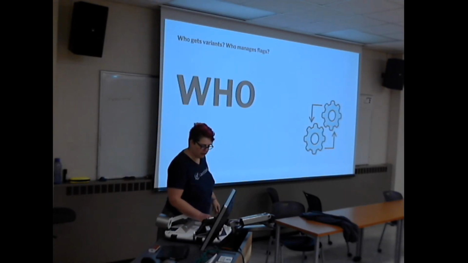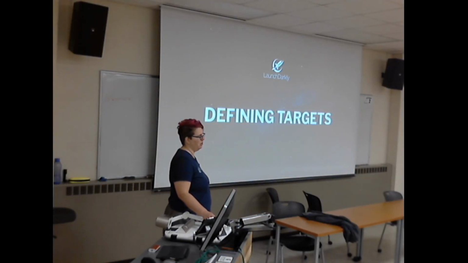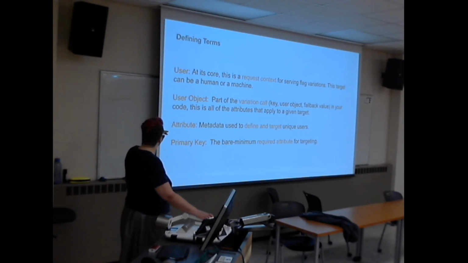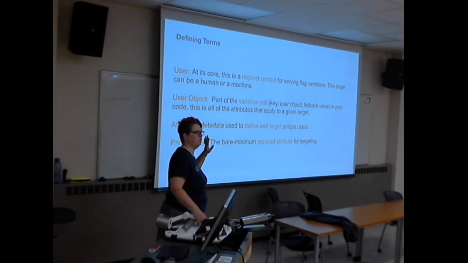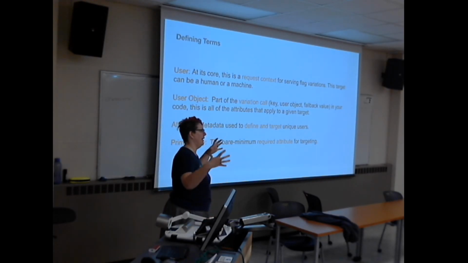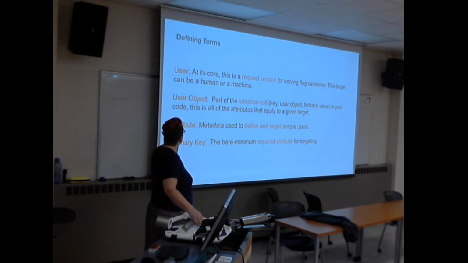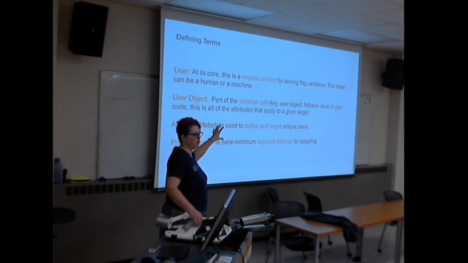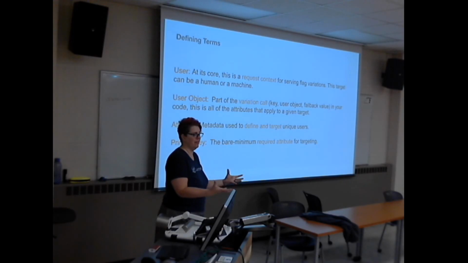So who gets variants and who manages flags? What's the user? Who's the target? The user is the request context for serving flag variations. Human, machine, address, whatever, it doesn't matter. An addressable context. The user object is all of the attributes that apply. So that's the cloud of metadata that you have about any object that could be evaluated.